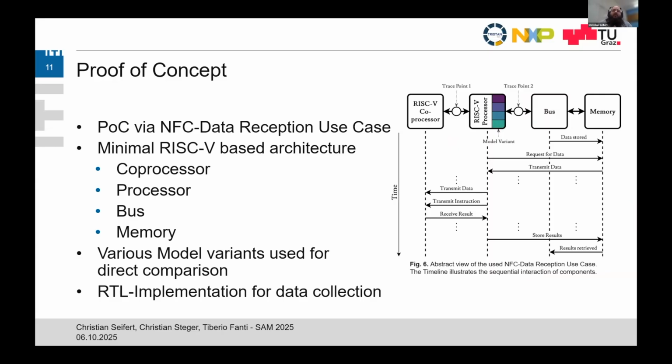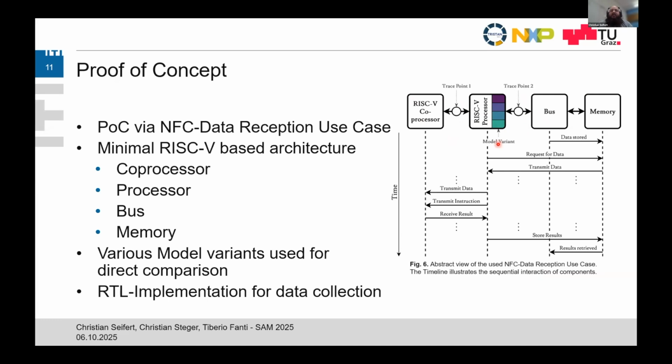For this, we created an RTL implementation of the defined use case and simulated it. From this simulation, we collected logging data from various trace points, which can also be seen here. And we only focused on trace point 1 and 2 because we only wanted to analyze the processor when back-annotated.